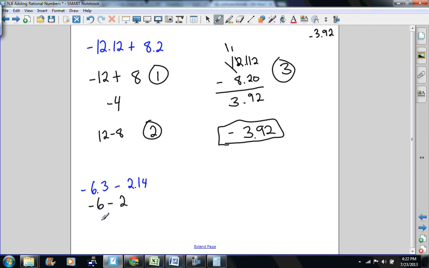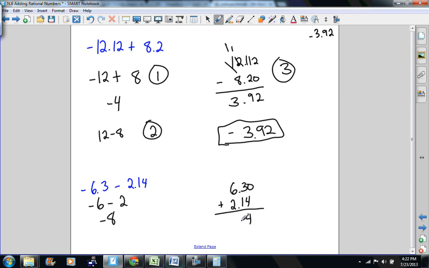Negative 6 minus 2 is negative 8, because if I owe someone $6 and I have to take away 2 more dollars, I'm going to go down farther. How did I get negative 8 from these two numbers? I did 6 plus 2 is 8, and then I put a negative on the end of it. So that means I have to do this number plus that number and put a negative on it. So I'm going to go 6.30, because I need 2 decimal places, plus 2.14.